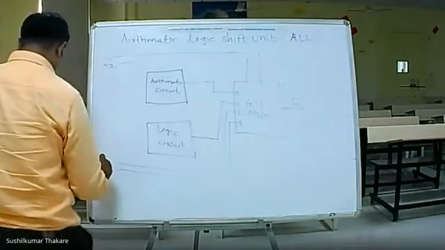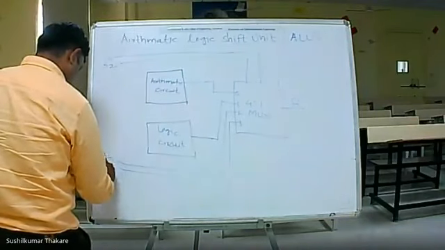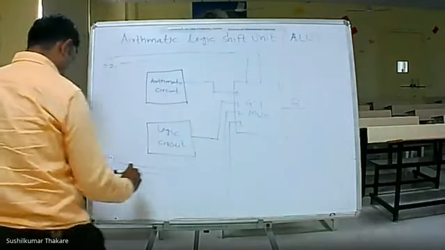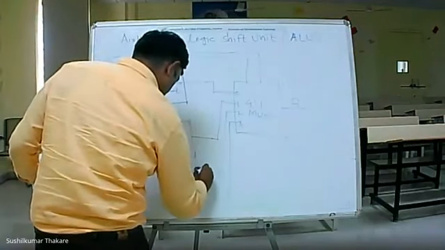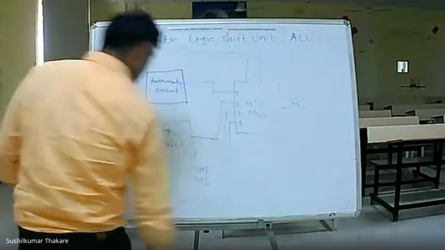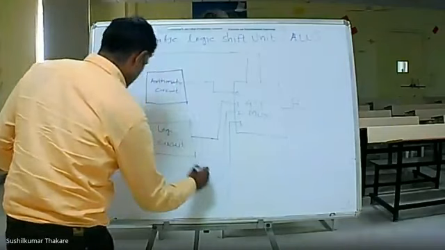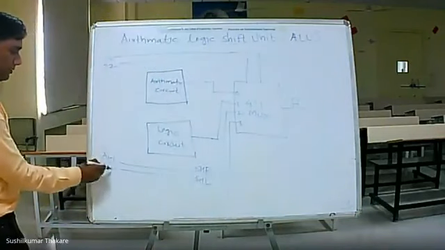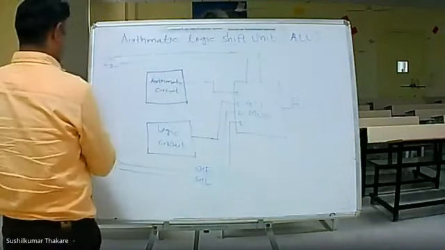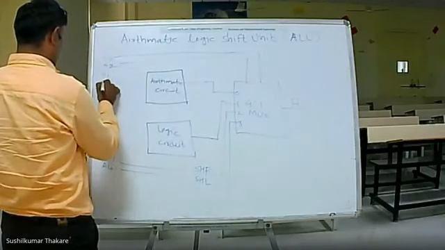They are called Ai minus 1 and Ai plus 1. This is the shift register, shift unit right side and shift unit left side, represented by Ai minus 1 and Ai plus 1. Another part of the arithmetic circuit has S1 and S0.